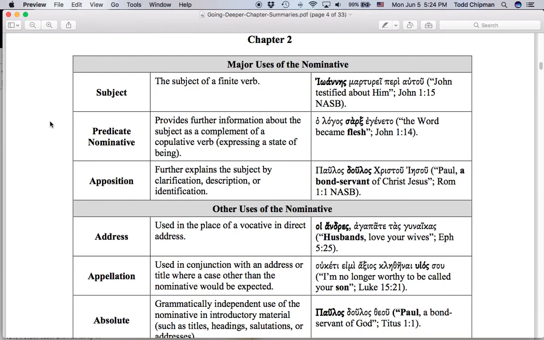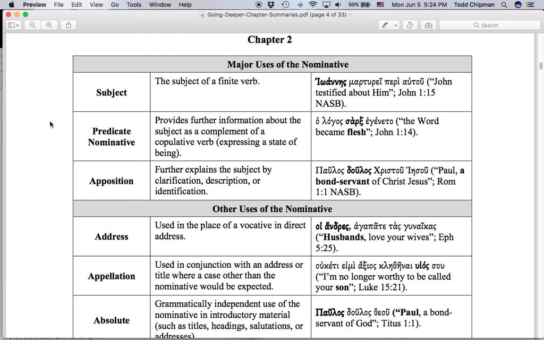Very common. Second category that we'll think about, the predicate nominative. The predicate nominative predicates something about the subject. It says something about that subject. So it provides further information, complements the subject in some way. Here, John 1:14.